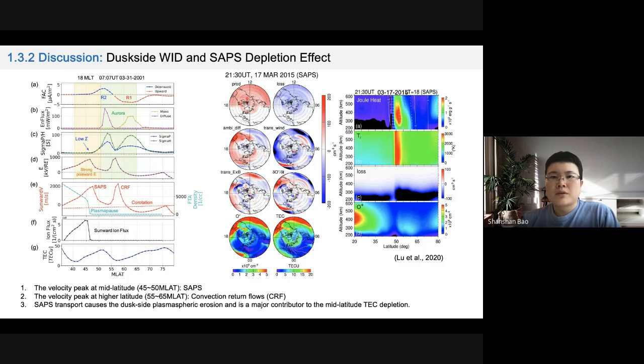This is from chemical production and loss. This is ambipolar diffusion. This is transportation by the neutral wind, and this is transportation by the E cross B drift. This is the total change of the O plus profile per unit time.